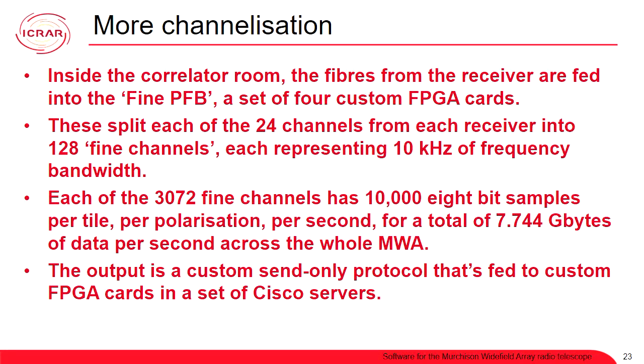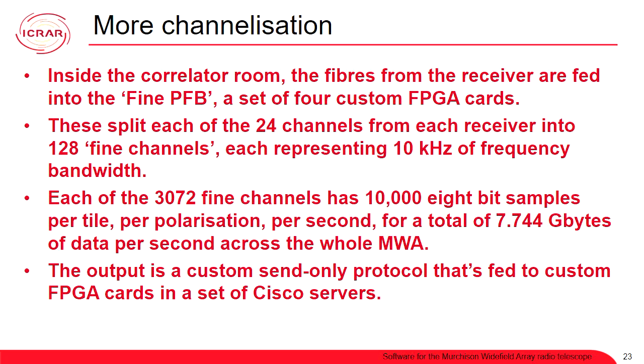Inside that correlator room, we've got fibers coming from a receiver fed into the fine PFB. That is another bank of custom FPGAs. And again, each of those 24 channels is then split into fine channels. So the 24 channels that are 1.28 megahertz wide are split into 128 fine channels, each of them 10 kilohertz wide. So that's 10,000 samples per second. Each of them is 4 bits of real and 4 bits of imaginary.